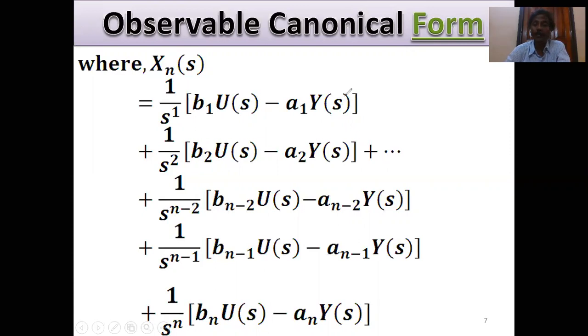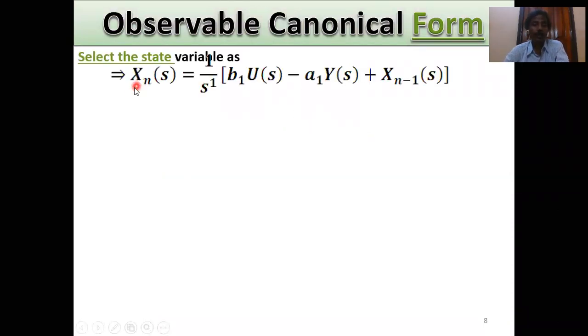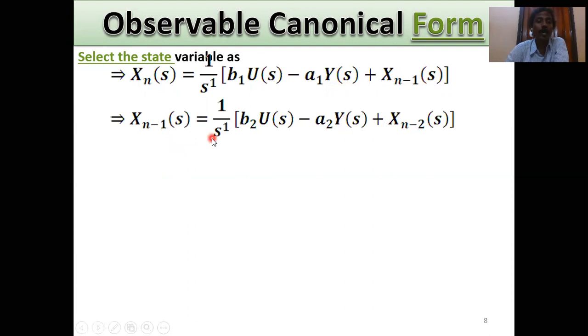So taking 1 by s common, we get Xn(s) equals 1 by s to the power 1 times b1 U(s) minus a1 into Y(s) plus Xn minus 1(s). This is the form. And Xn minus 1(s) equals the next term, 1 by s to the power 1 times b2 U(s) minus a2 Y(s) plus Xn minus 2 into s.